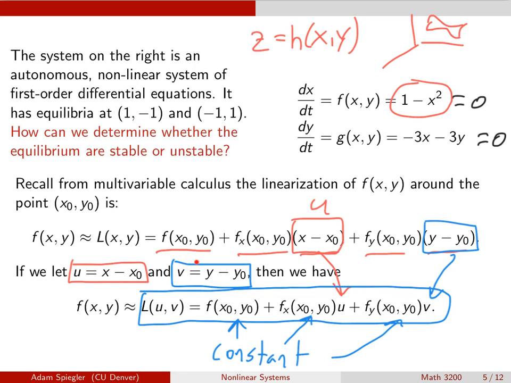And you can think about v as being like dy. It's telling us how far we have moved in the y direction from the value y0. We're going to do this linearization at the equilibrium points. So let's take a look on the next slide at what the linearization would look like for each of these functions, say at the equilibrium (1, -1).